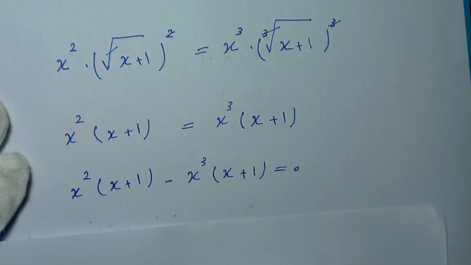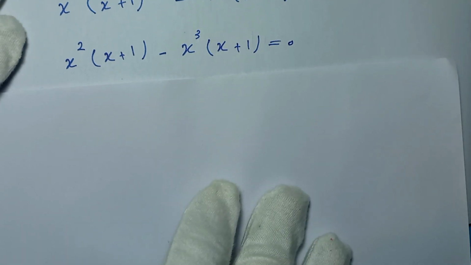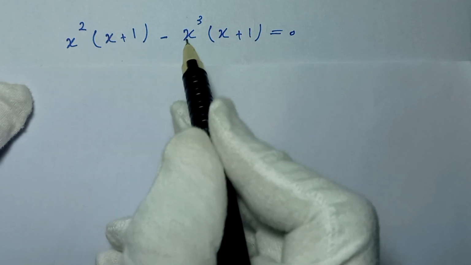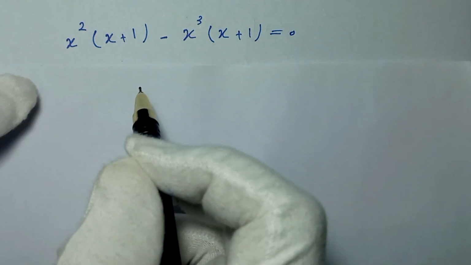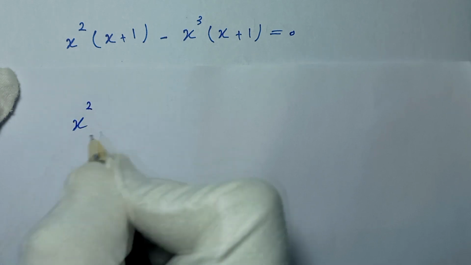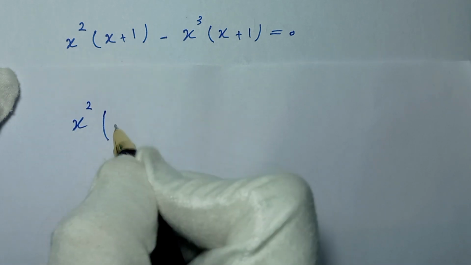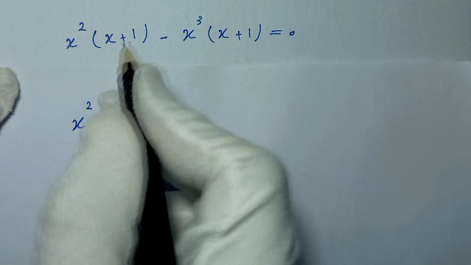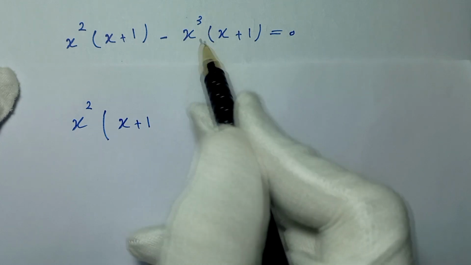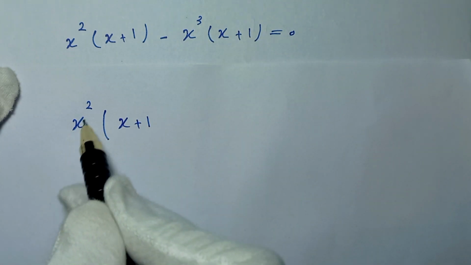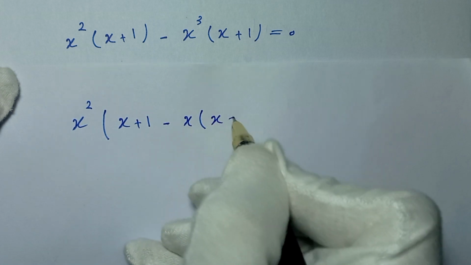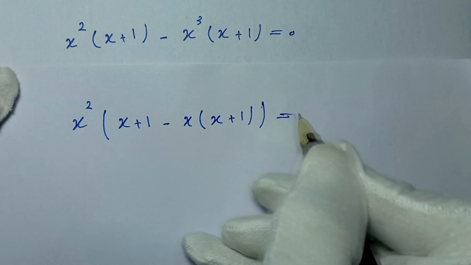In the next step, in here we have x to the power of 2, and in here x to the power of 3, and we can factor x to the power of 2, and in here x plus 1, this divided by this is x plus 1, and in here x cubed times x plus 1 divided by this x squared, it will be x times x plus 1 is equal to 0.